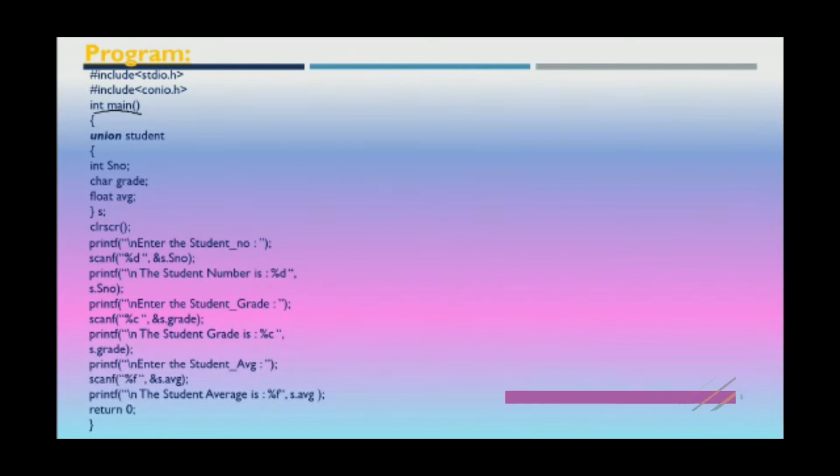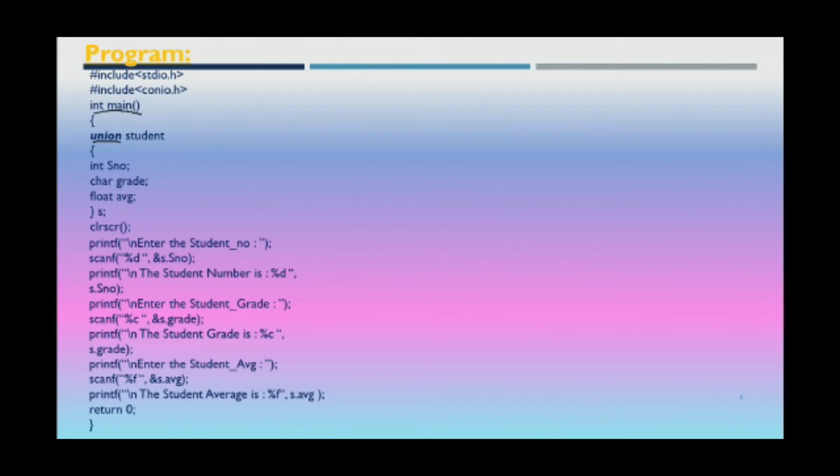Program is starting here. In the main program you can find the union keyword followed by the name of the union, which is given as student. The block of the union is this, and within this block you can find student number, grade and average with different data types.